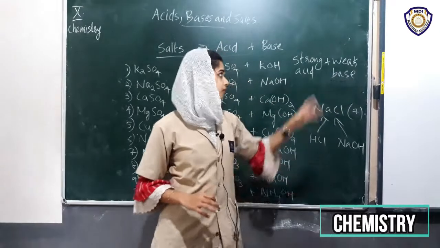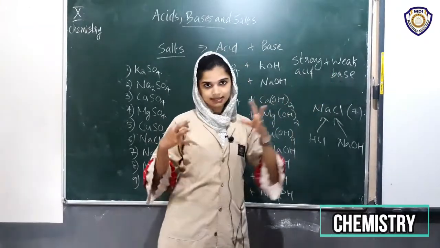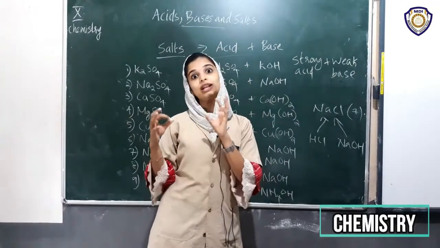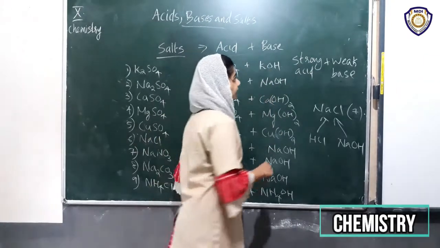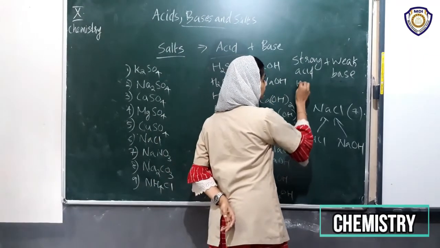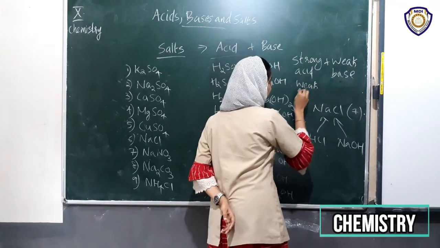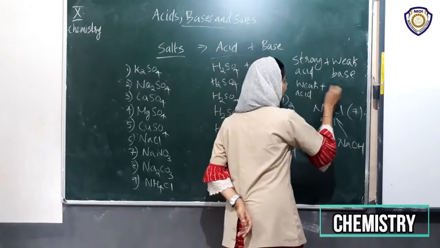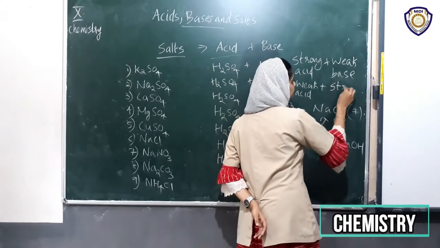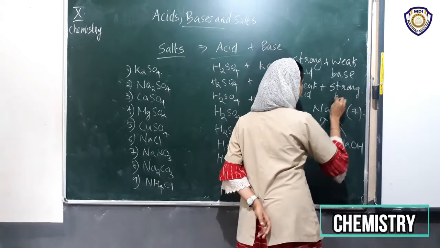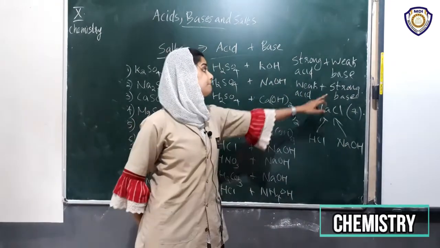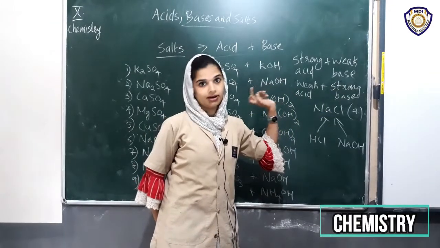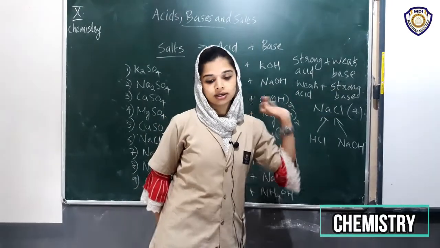So when a strong acid and a weak base join together, the salt formed will have acidic character. When a weak acid is joined with a strong base, what happens? The salt formed will have basic character. Did you understand? Yes.